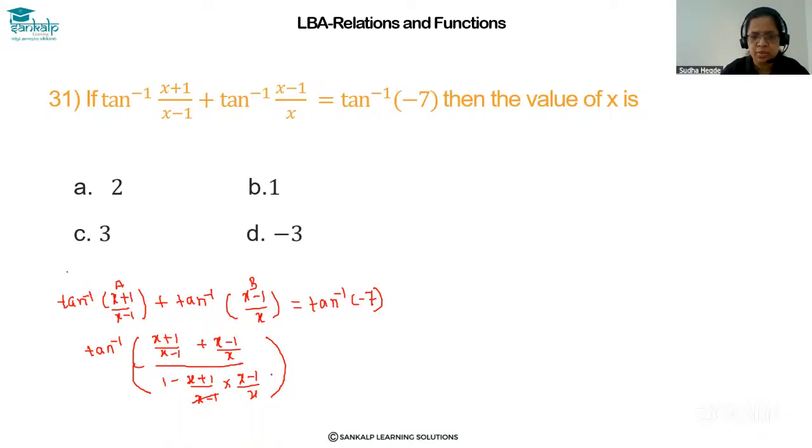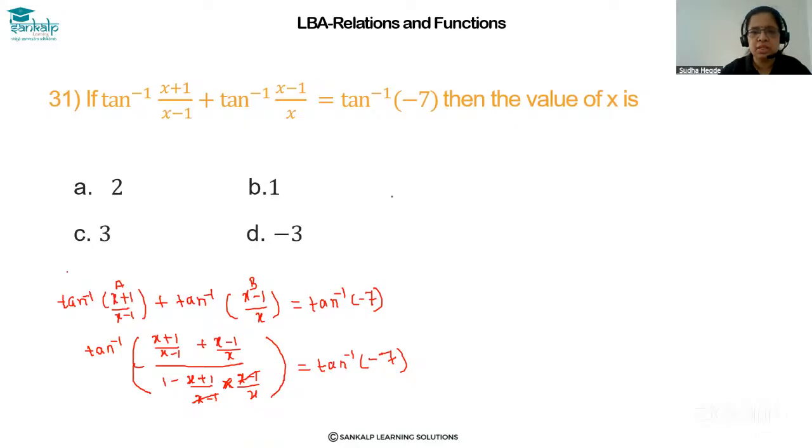So this x minus 1 you can cancel. It is there in both numerator and denominator. In between multiplication is there, you can cancel. Here you cannot cancel. So this is equal to tan inverse of minus 7. Correct? It is tan inverse of minus 7. Now apply the tan function on both sides. Tan inverse cancels.